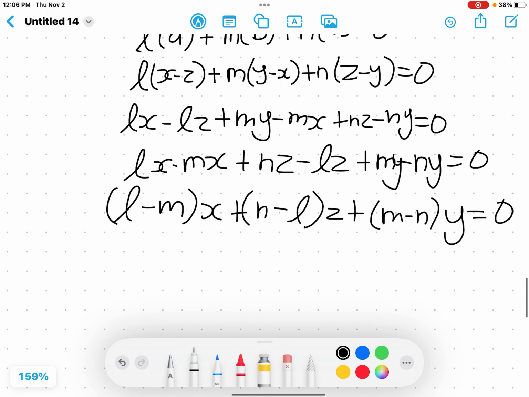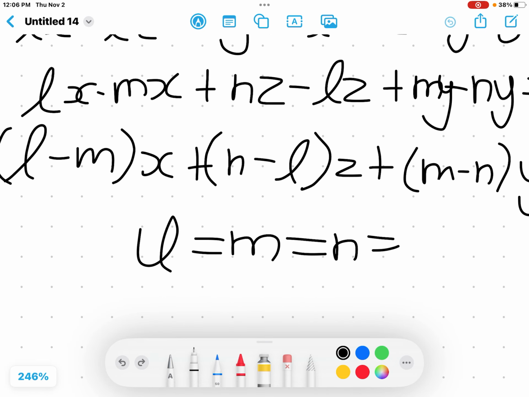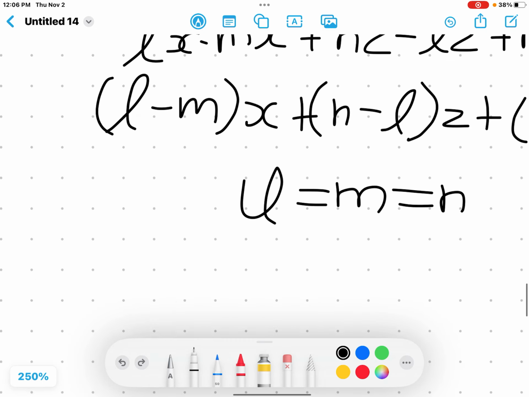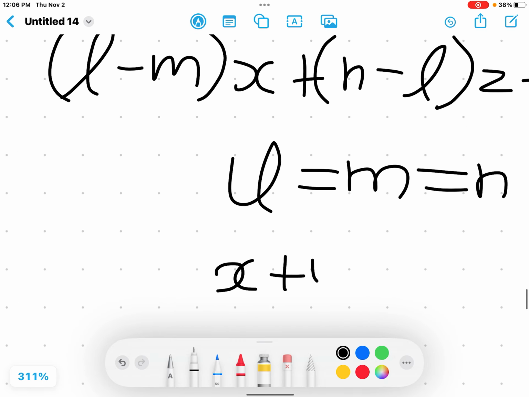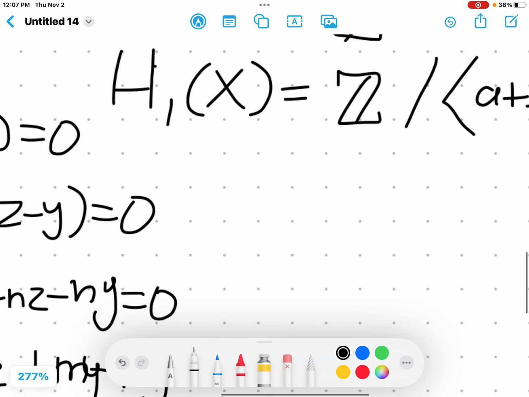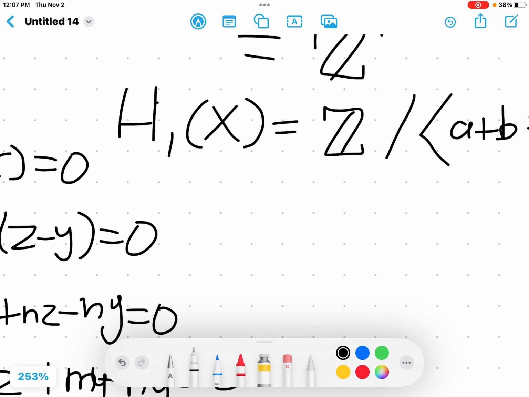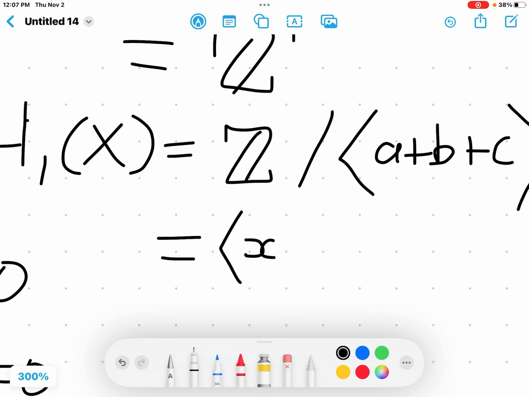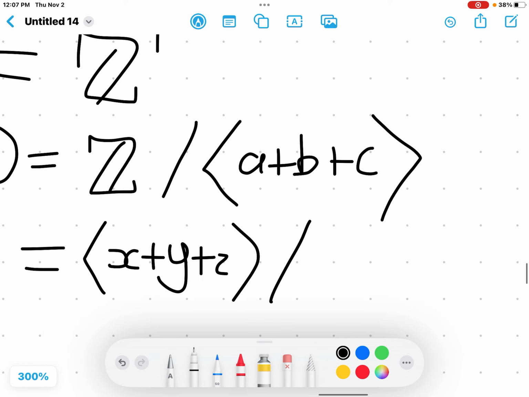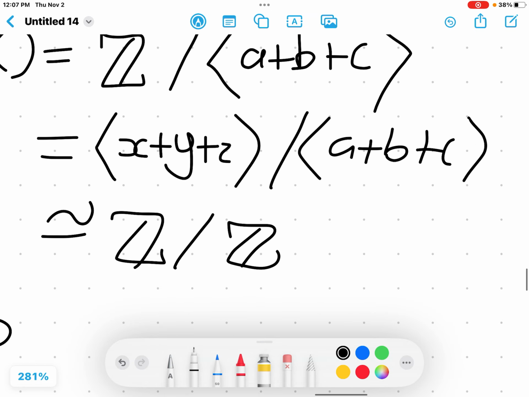And you guys will notice that this entire thing would equal 0 only when L equals M equals N. So we end up with a group spanned by X plus Y plus Z. So it is isomorphic to Z. So it's XYZ mod A plus B plus C. And then that's isomorphic to Z mod Z. And that gives us the trivial group.